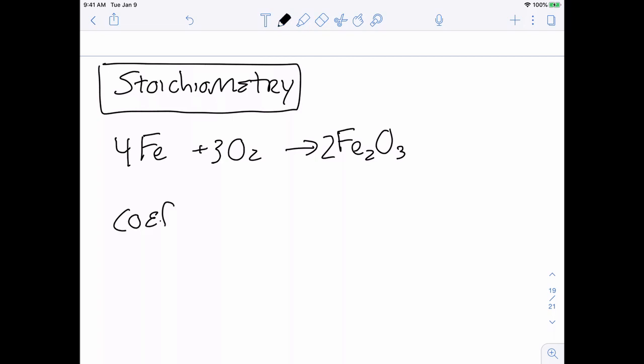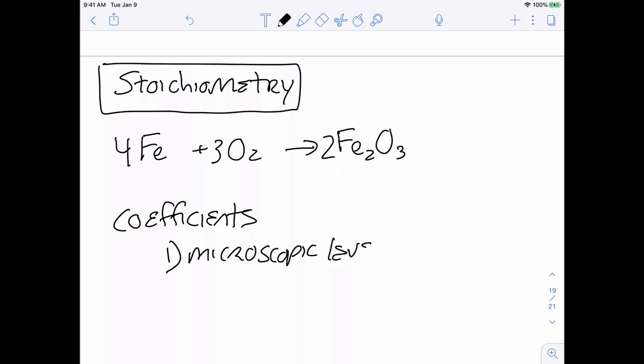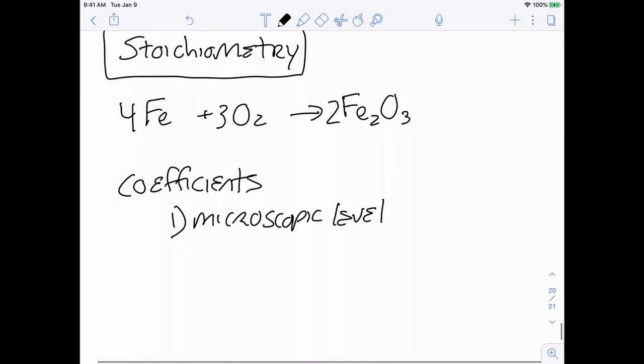And they can represent 2 different types of things. So one on a microscopic level, we could say that for every 4 atoms of iron, I need 3 molecules of oxygen, and that's going to produce 2 compounds of iron 3 oxide.